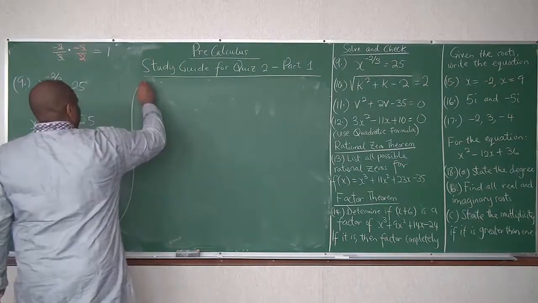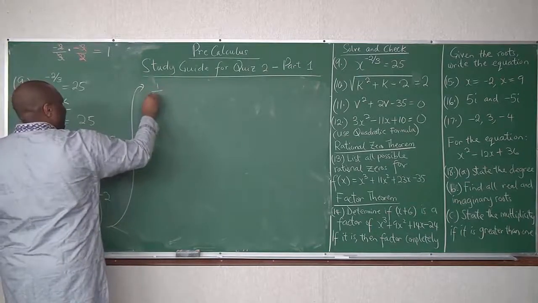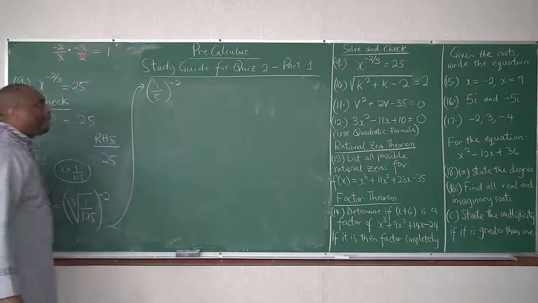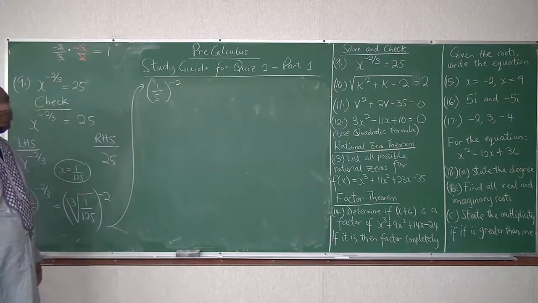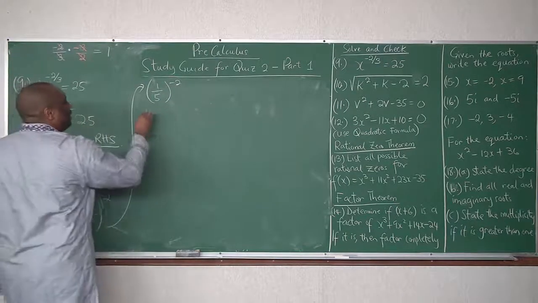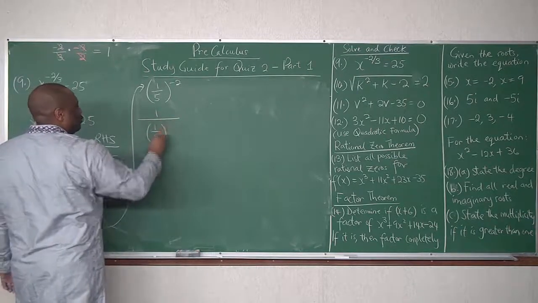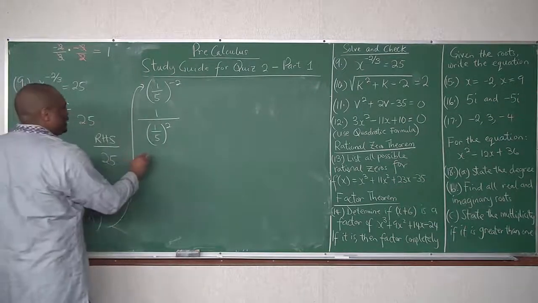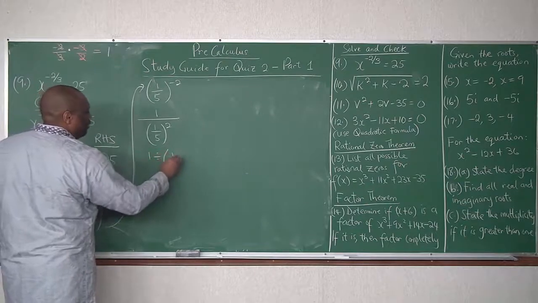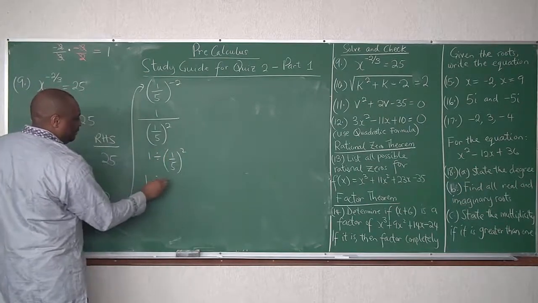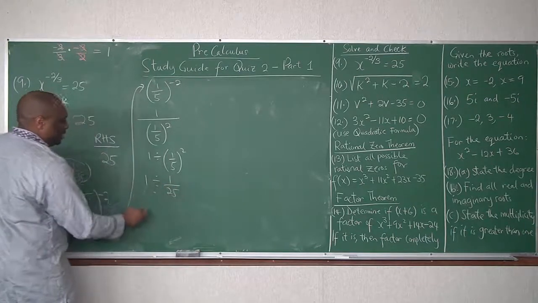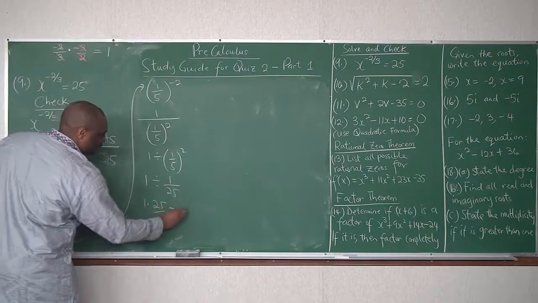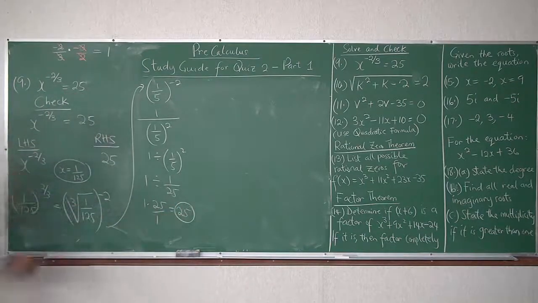And from here, it will be 1 over 5 all raised to power negative 2, because we did exponents. Now this is 1 divided by 1 over 5 all squared, which is 1 divided by 1 over 25, which is 1 times 25 over 1, which is 25. 25 on your left, 25 on your right. So it works for x equal to 1 over 125.